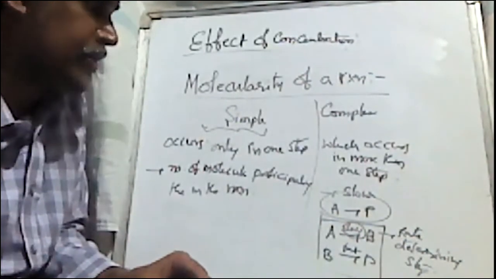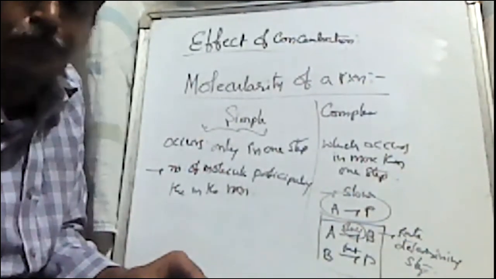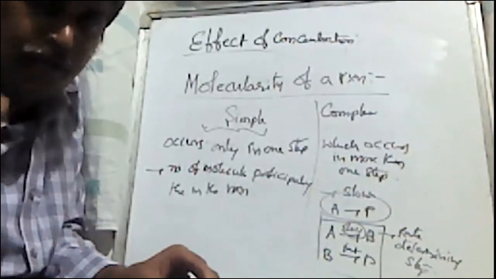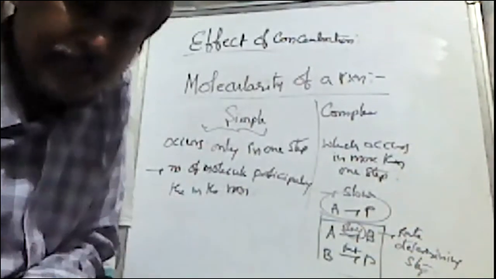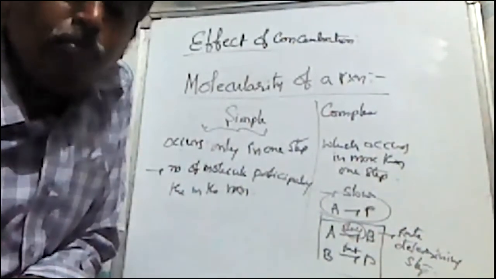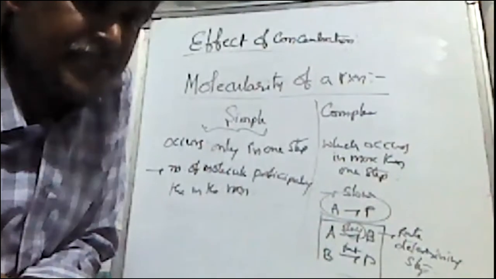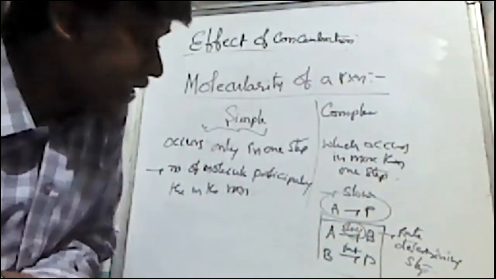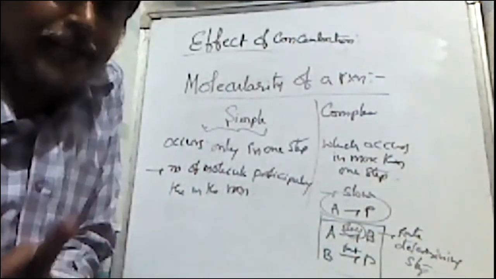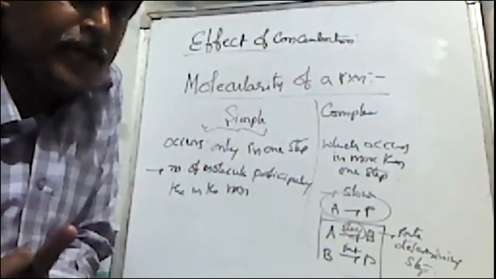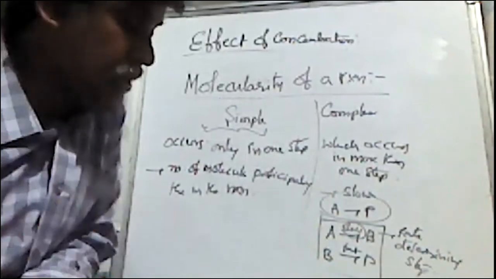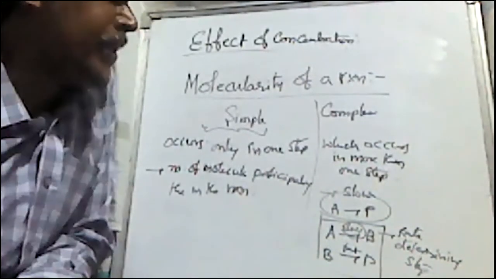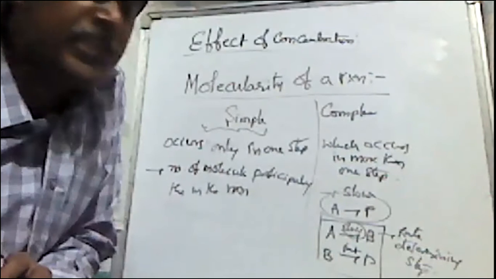You see here, the number of molecules participating in the rate determining step of a complex reaction is called molecularity. Rate determining step means based on this we are determining the rate. That's why we call this step the rate determining step.